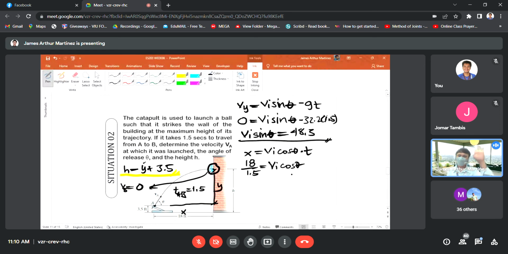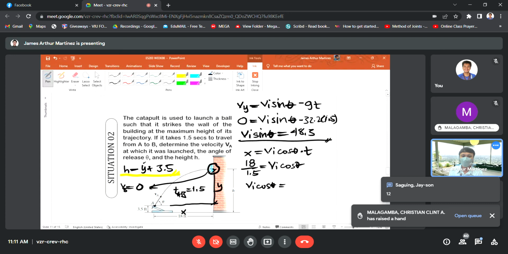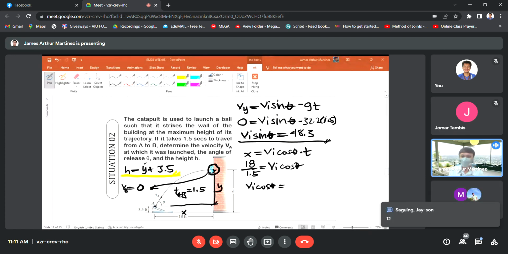We divide the equation on both sides by time: x over t, where x is 18 feet and time is 1.5 seconds. So Vi cosine theta is equal to how much? 12.